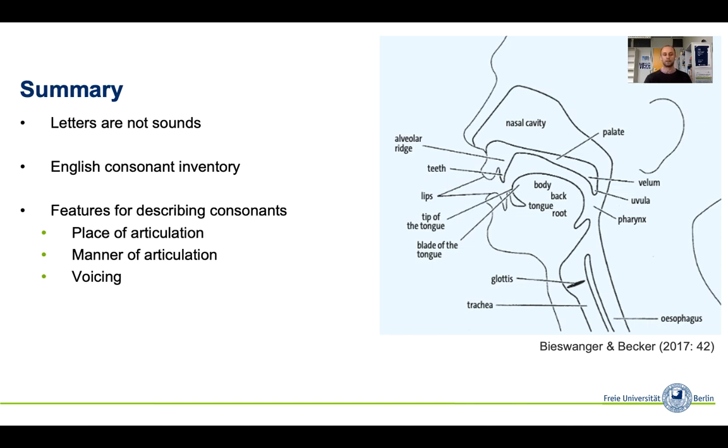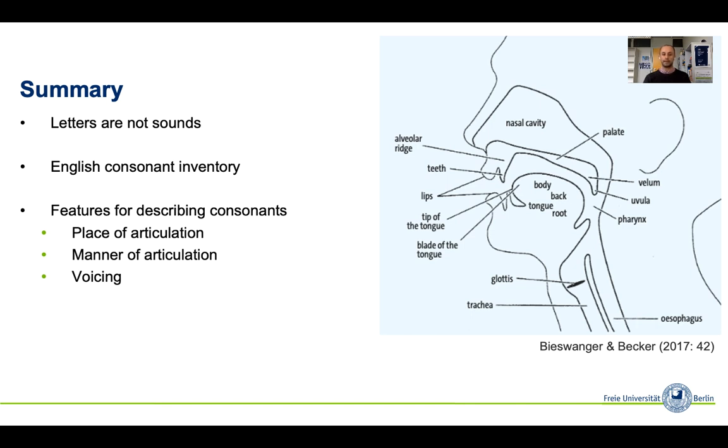So, if we sum up, we know that letters are not sounds, and if we want to transcribe sounds, the pronunciation of a word, we have to use the IPA, the International Phonetic Alphabet. What we've done in this video is to introduce you to the English consonant inventory, and we've also talked about the features that enable us to describe English consonants, or any consonants for that matter.